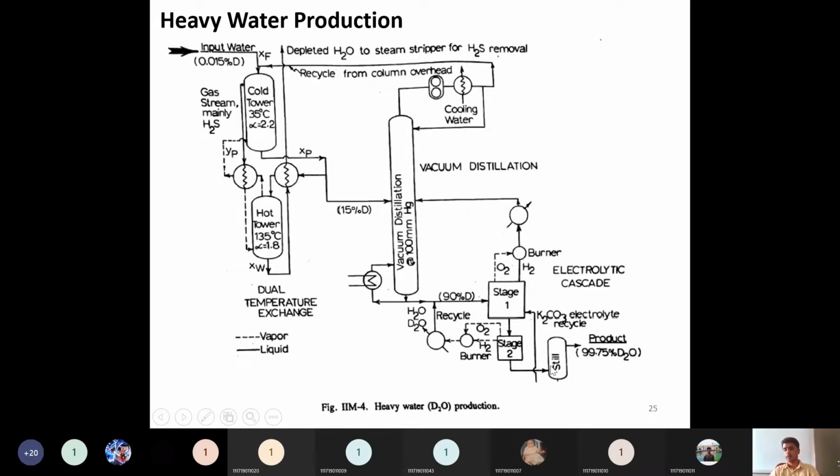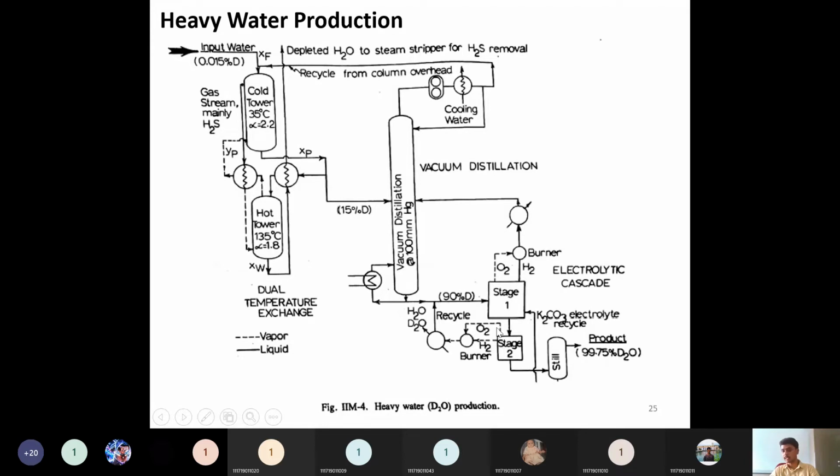Then in a still, the product, whatever deuterium oxide has been concentrated, will be separated out, and the concentration of deuterium is around 99.75%. So this is the third stage. From the first stage it is 0.015% to 15%. That is one method. The next method takes the 15% deuterium oxide to 90%, and in a stage manner, electrolysis plus hydrogen burning.